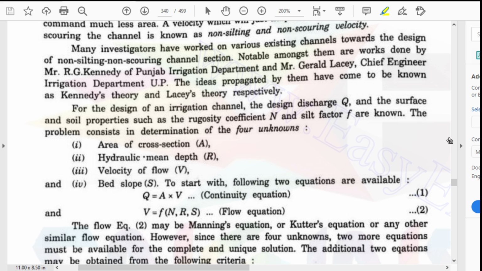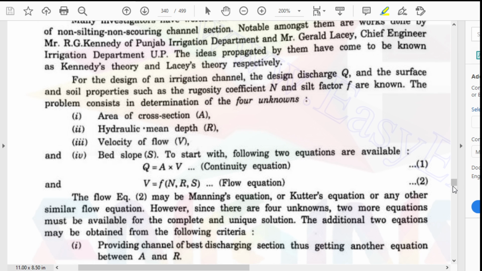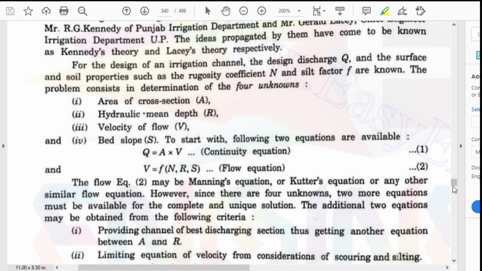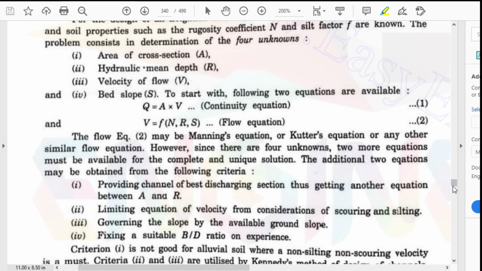Okay, now we have two equations along with us. First is the continuity equation and the other is any flow equation. Continuity equation is Q equals area into velocity, and this flow equation can be Kutter's equation or the Manning's equation. You have already learned about Manning's equation and Kutter's equation in applied hydraulics for open channel flow.